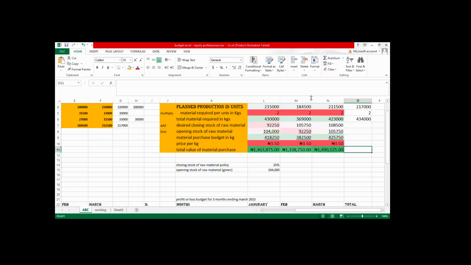For the month of January, you want to produce 215,000 units. And to produce one, you require 2 kg per unit. So what is your production requirement?